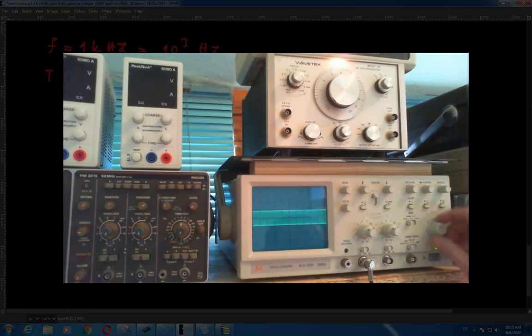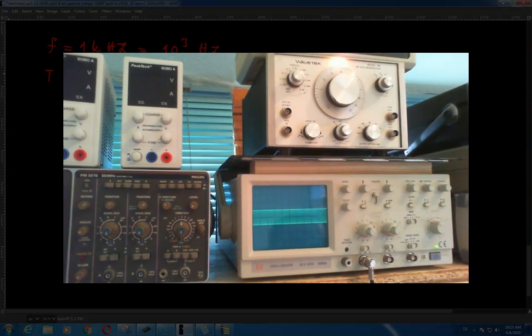So I change the time base of my scope to, for example, half a millisecond, which means that each of these horizontal divisions is half a millisecond.